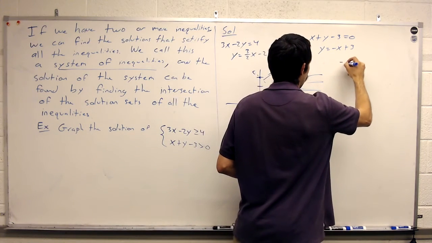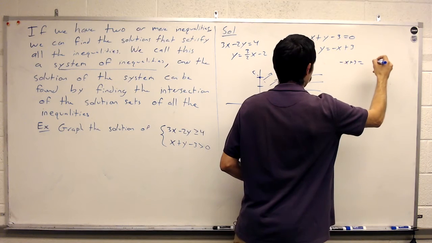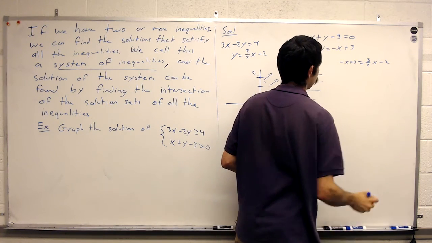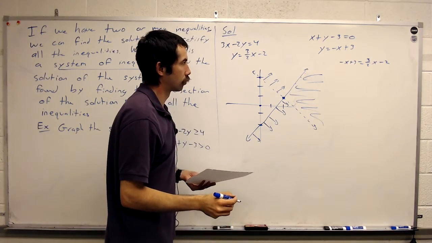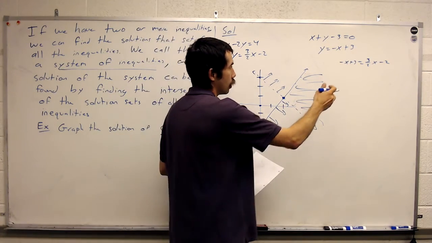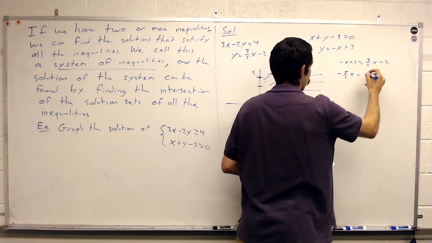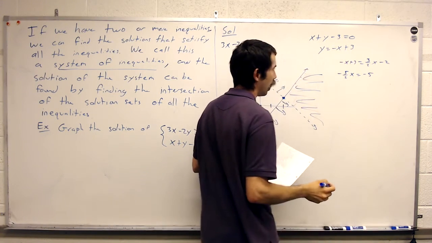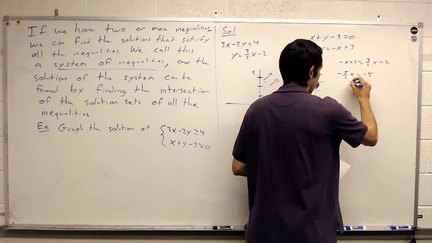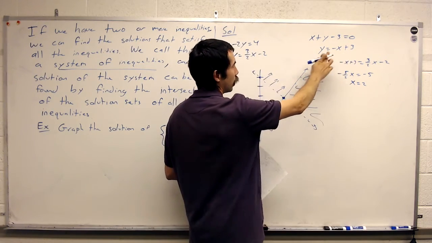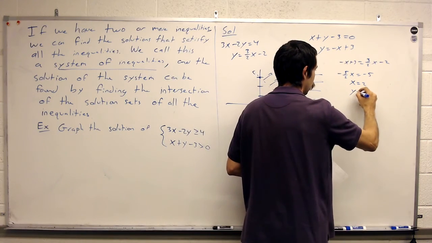All right, so this is negative x plus 3 equals 3 halves x minus 2. Subtracting this over, this is negative 5 halves x equals negative 5, or x equals 2. And then subbing that into either of these equations, we get y equals 1.